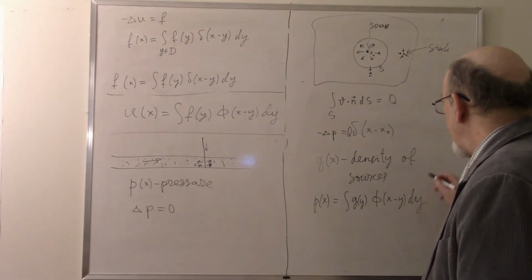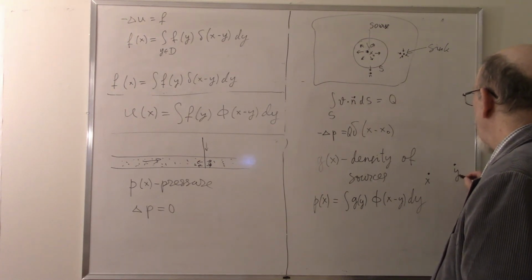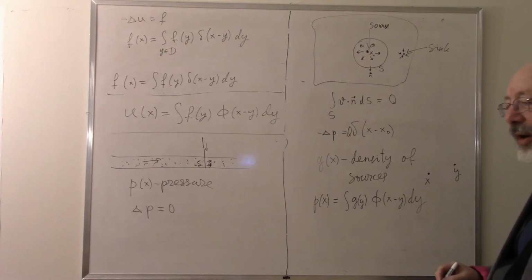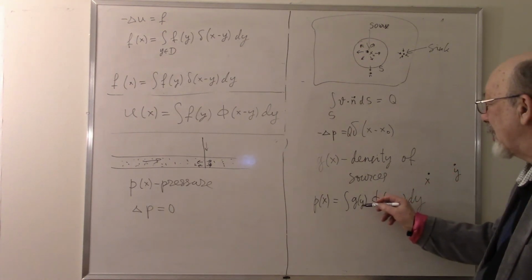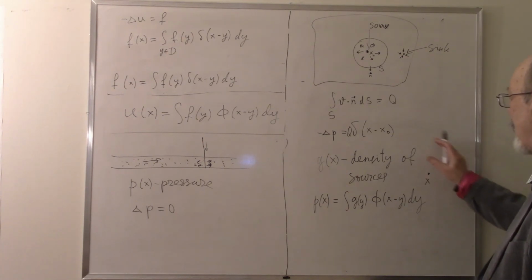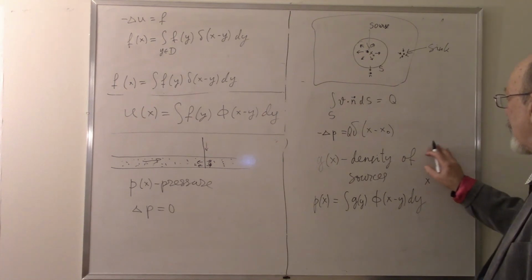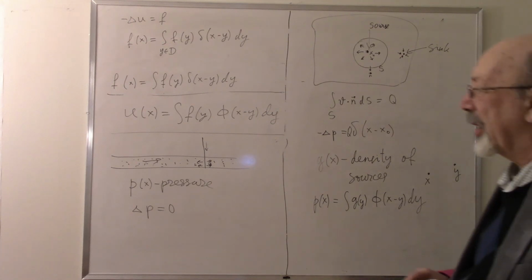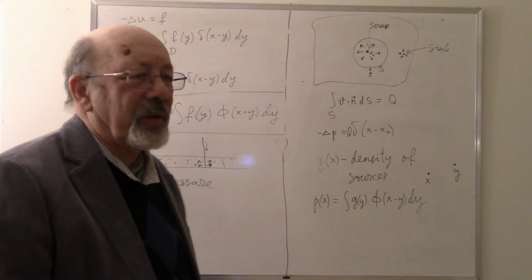So here we measure at point x, the source is at the point y. This source produces this field of pressure, and the total pressure at the point x is produced by the integral of the results of all these sources separately. Therefore, the fundamental solution is sometimes called the source function.